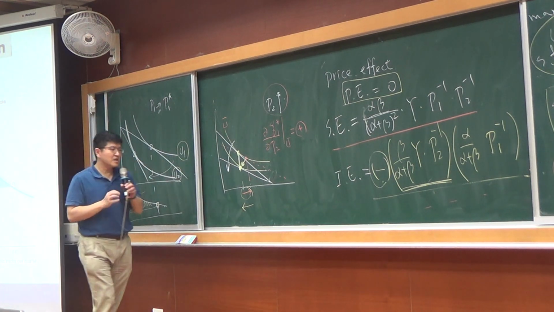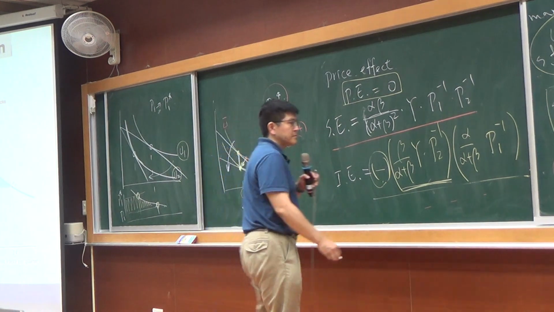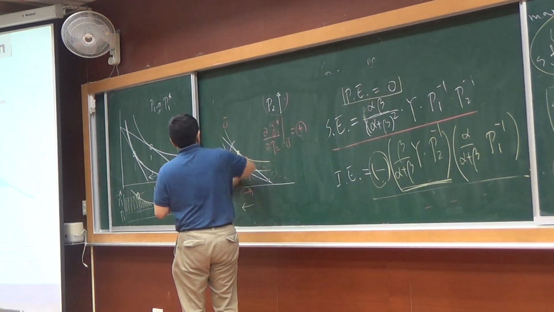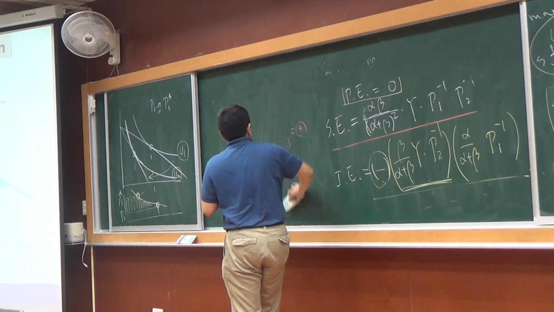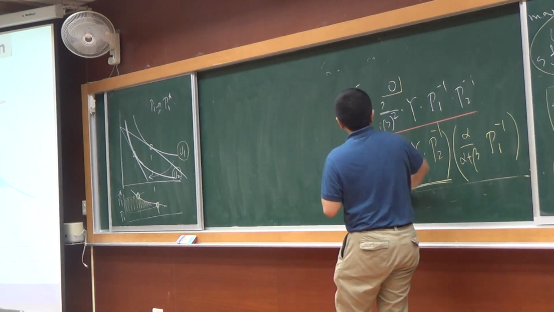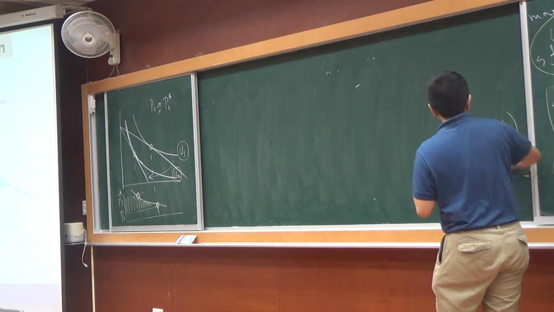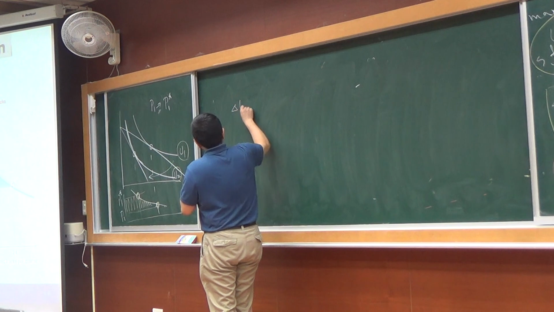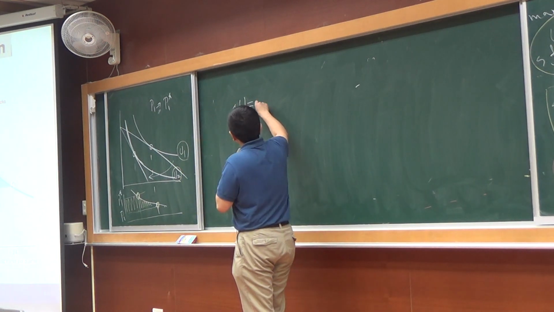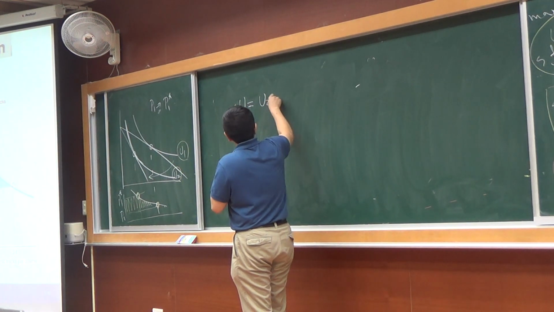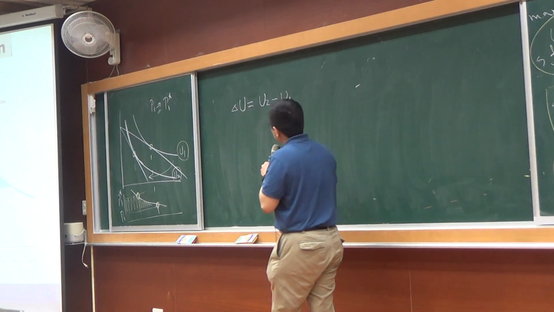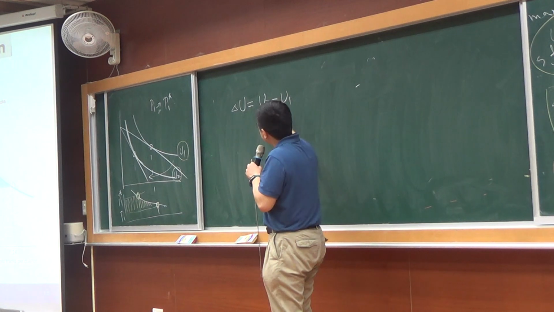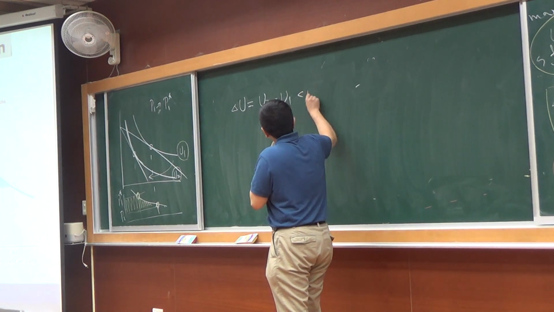The change in utility would be the new one minus the initial one. And we know U1 is higher than U2, so this would be negative.